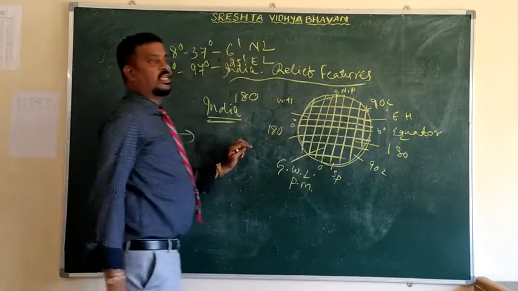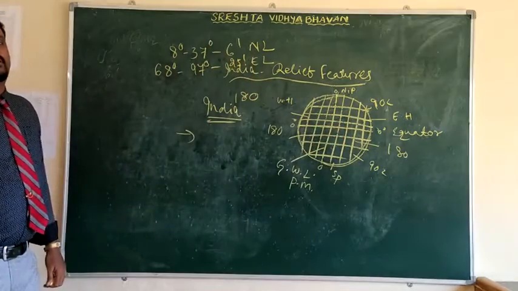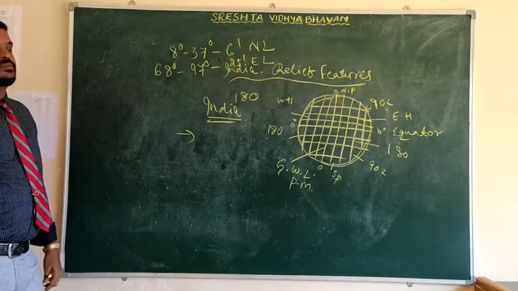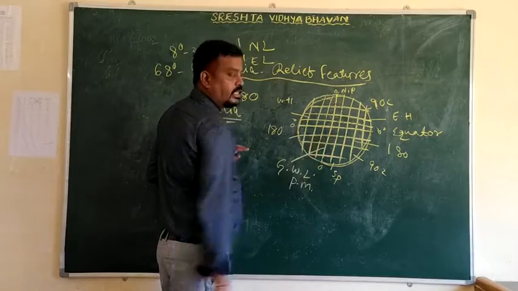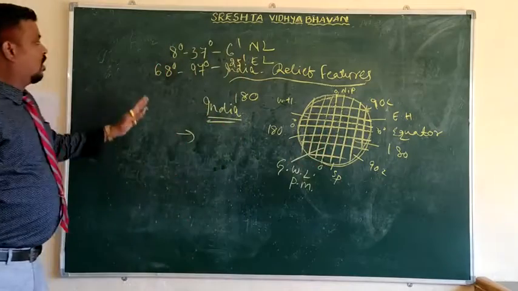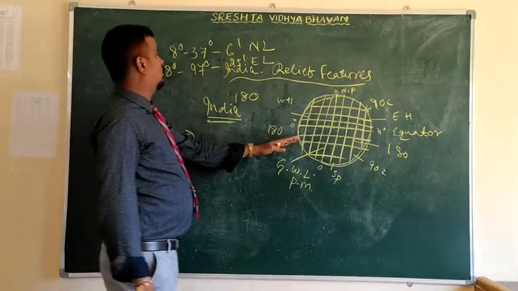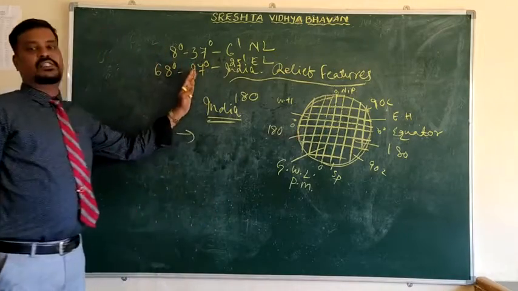That is why in South India the climate is very hot. In this way, with the help of latitudes and longitudes, we can locate places.